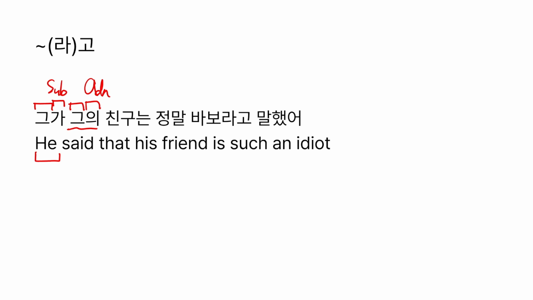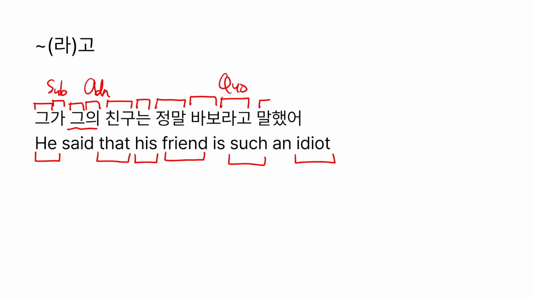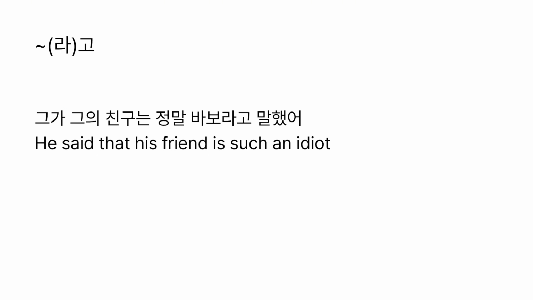So 그의 means his, and 친구 means friend, and 는 we'll learn that later, and 정말 means such, and 바보 means idiot, and 라고 is the quotative case particle which is translated into that, and 말했어 means said.